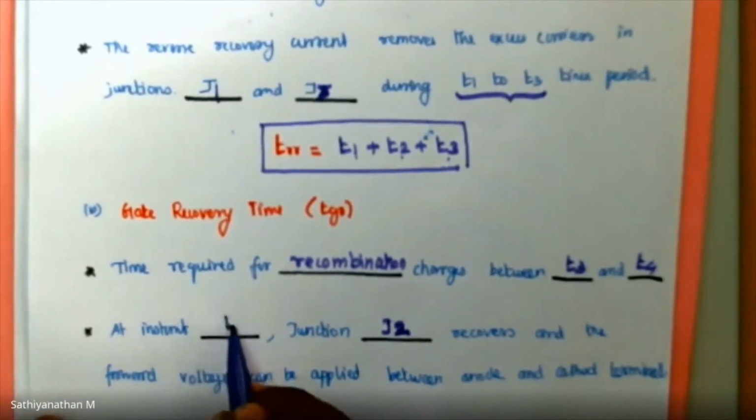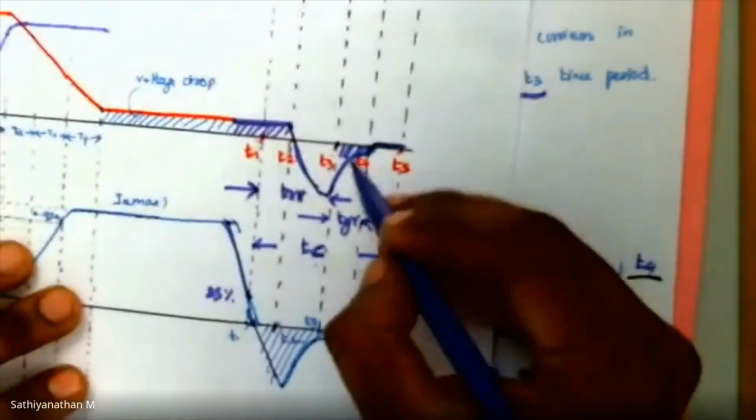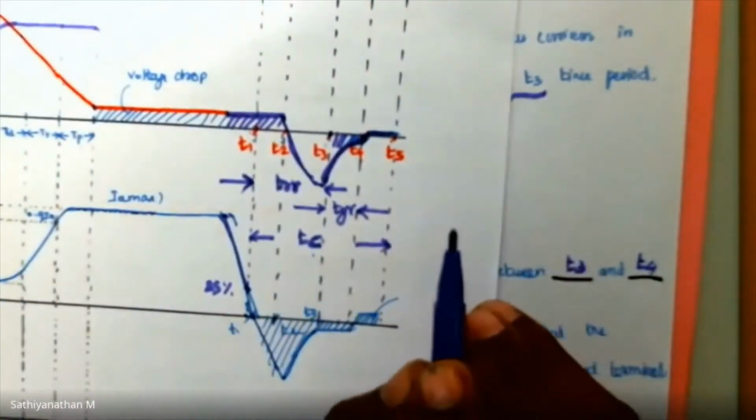At instant T4, the entire junction J2 recovers from the forward voltage applied across the anode and cathode terminals. So gate recovery time is nothing but the time required for recombination of charges during the T3 to T4 period.